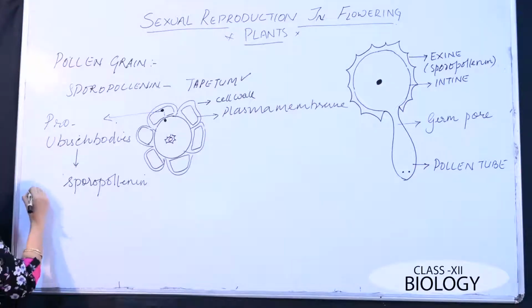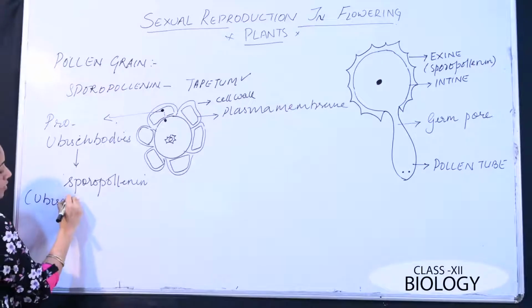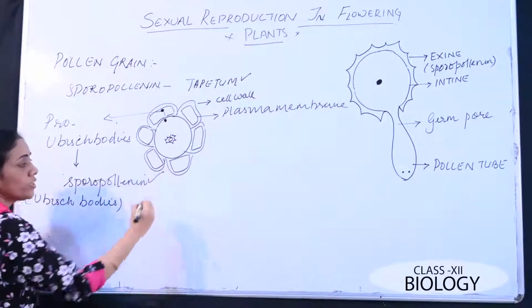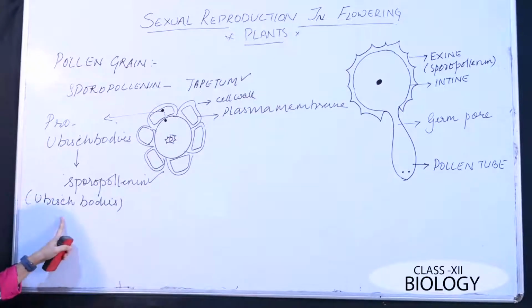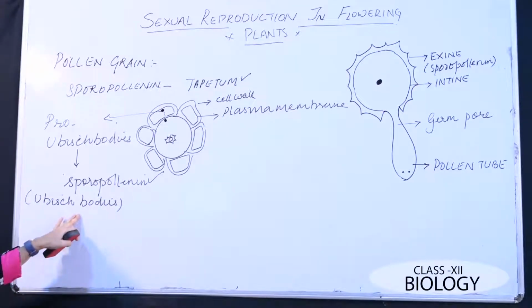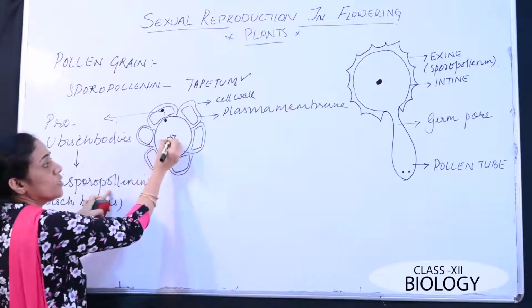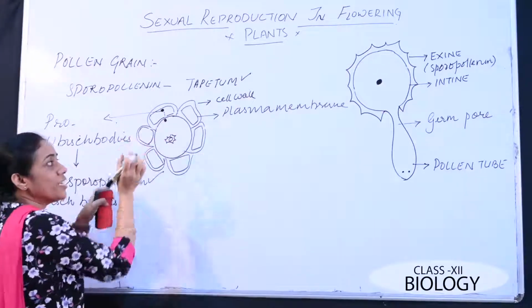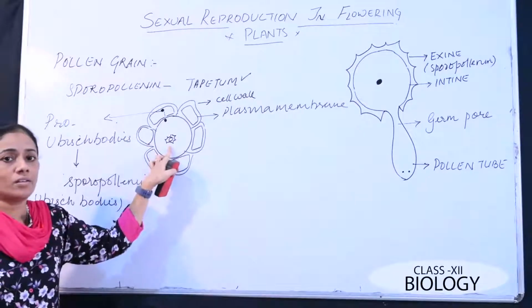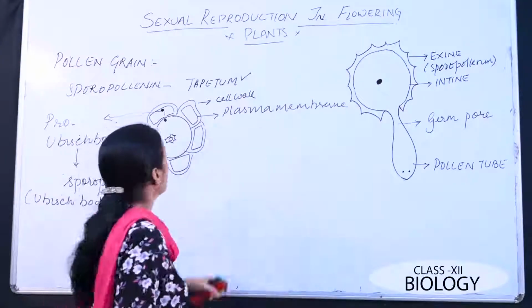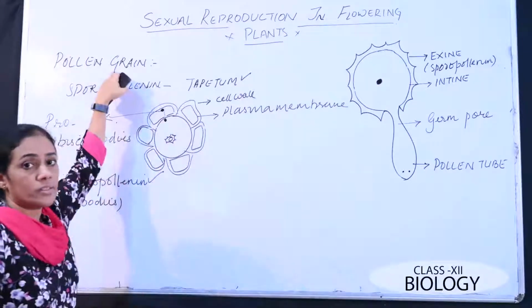So when they start secreting the sporopollenin, they are termed Ubish bodies. So this is how sporopollenin is formed, and it becomes the main component of the exine. Is that clear?